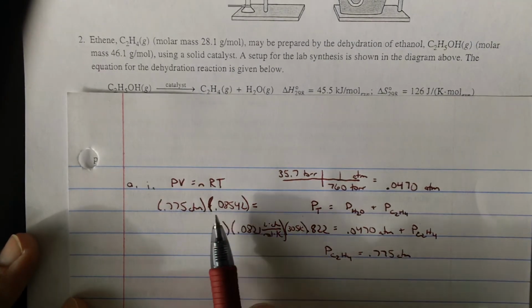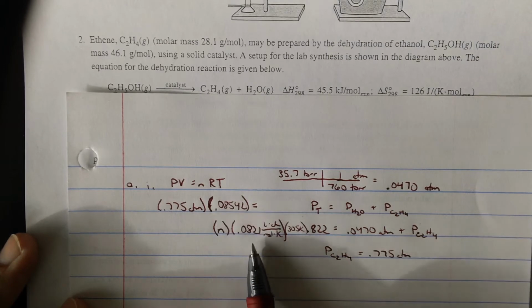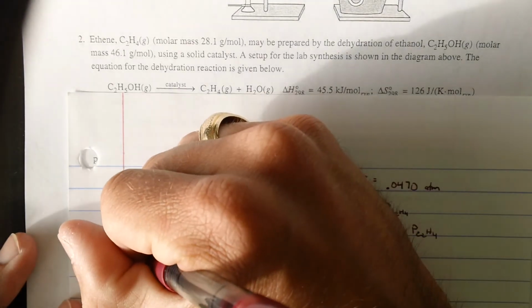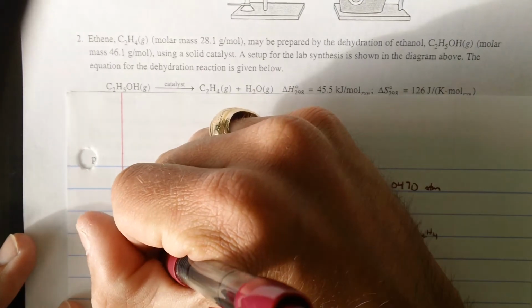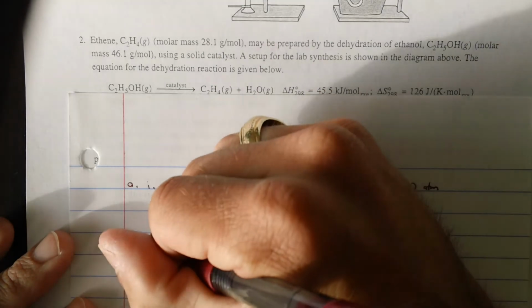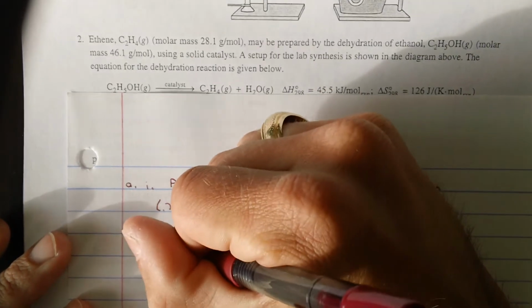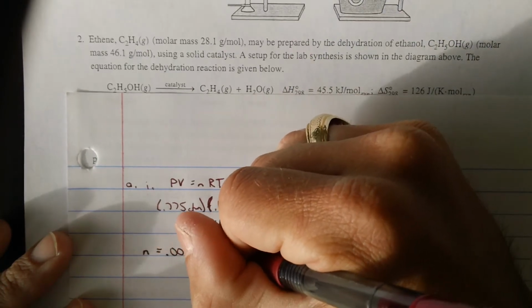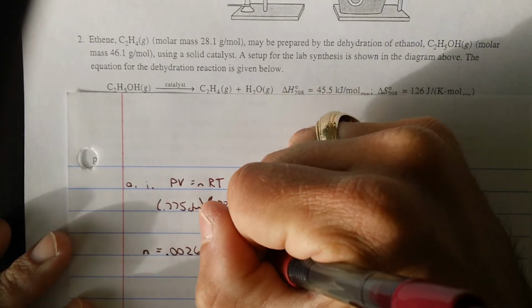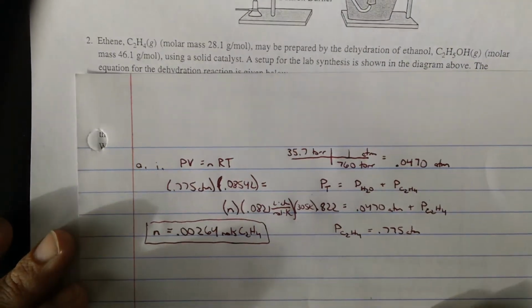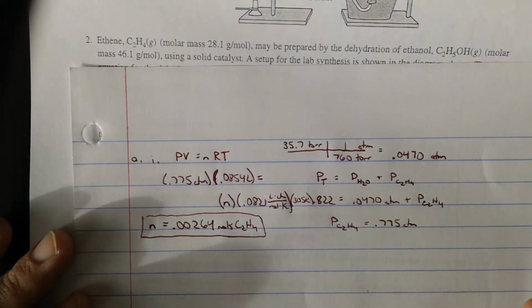So 0.775 times 0.0854 liters divided by 0.0821 divided by the 305 Kelvin, and our moles of ethene are going to be 0.00264 moles C2H4. That's part A, number 1.